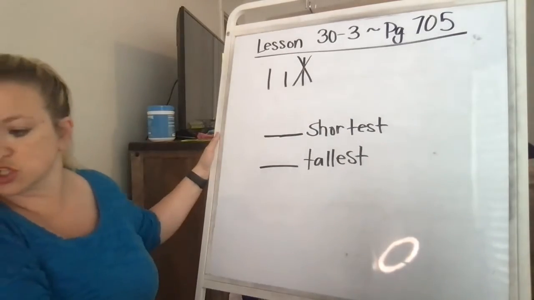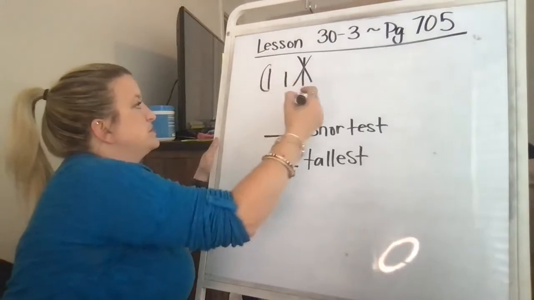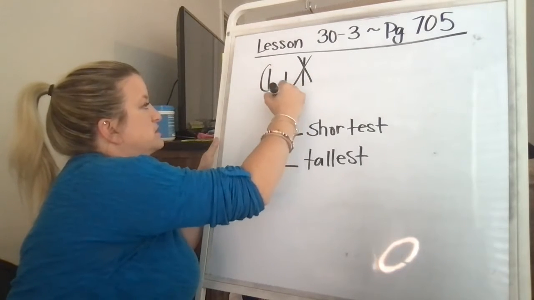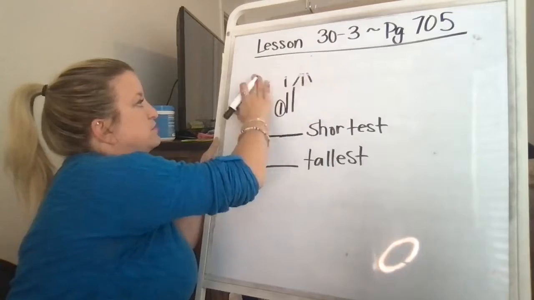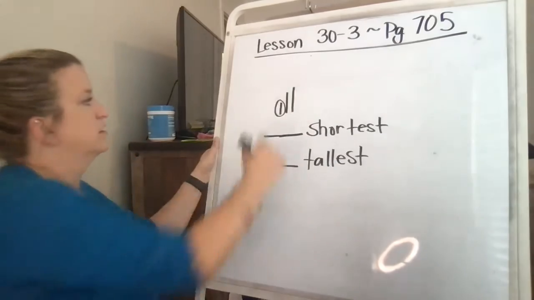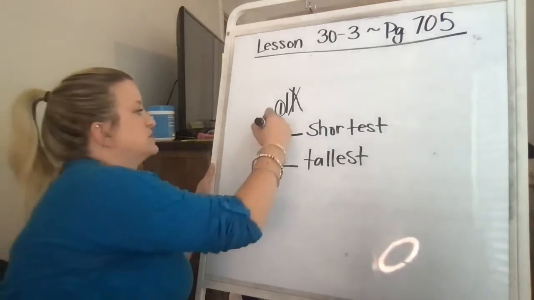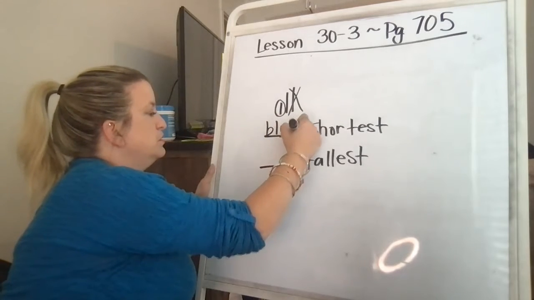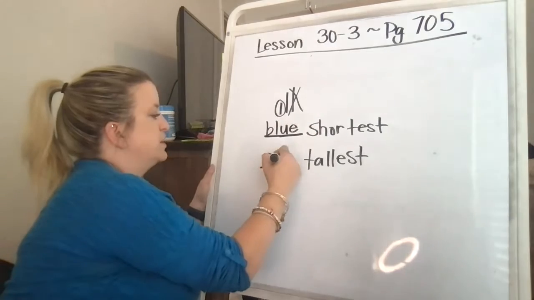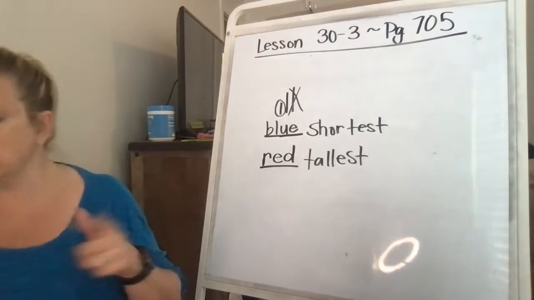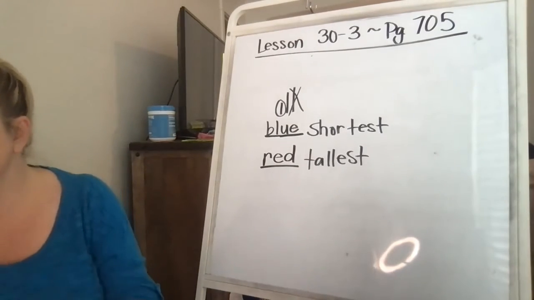And then you're going to circle the shortest book, which is, oops, not that one. This one. This was just my example. So I'm going to erase that, put an X on that one. Okay, the shortest one in your books is blue, and the tallest one is red. So red is the tallest, blue is the shortest.